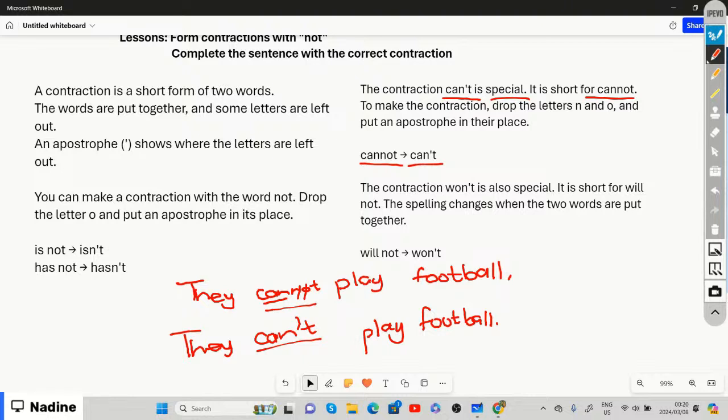The word can't is short for cannot, and cannot, can't, shall not, is not, has not, will not are all negative contractions, because we use words like not, like I cannot, I will not, he has not.